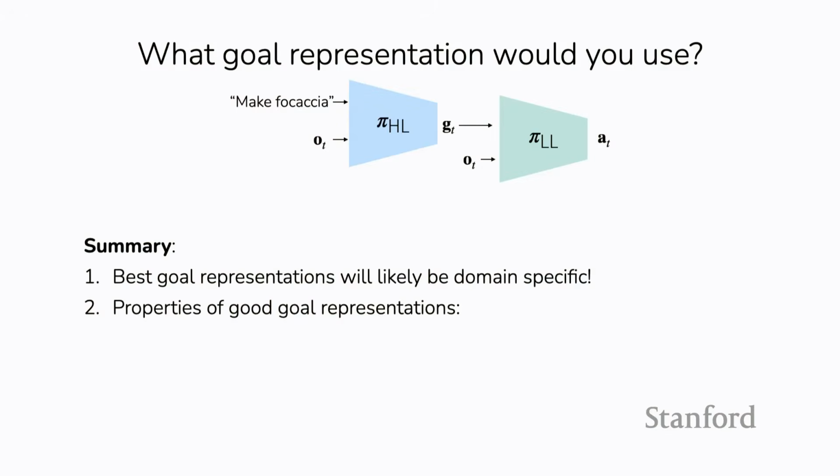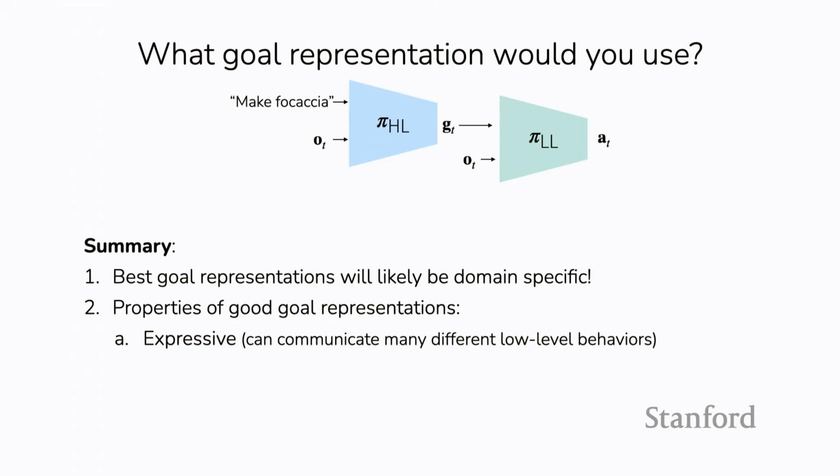There might also be images involved and so forth. And in terms of what these goal representations might look like, oftentimes if you're developing something for many different subtasks, you want it to be fairly expressive. If you're trying to cook lots of different meals, natural language is quite expressive and can describe a number of different low-level behaviors.